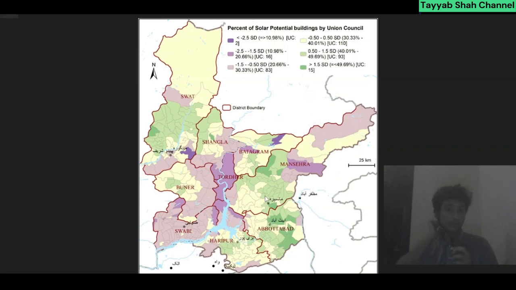There could be two kinds of values, positive or negative. If the value is positive, it means that there is a correlation, and for that correlation there is a cluster of polygons which have the same values. If the value is negative, it means that there is no correlation and there is no cluster.